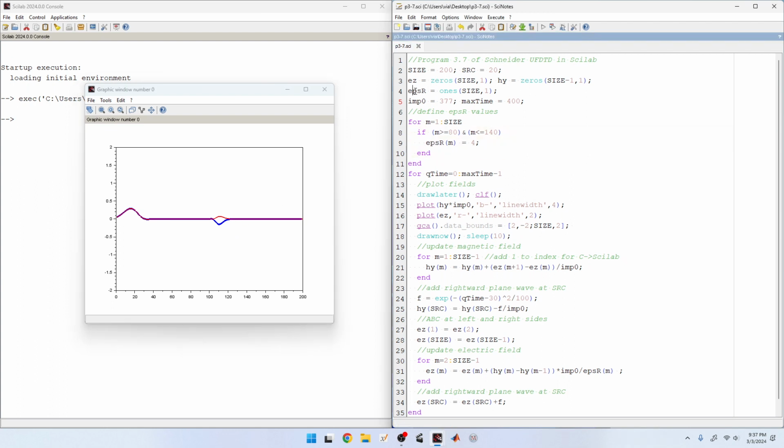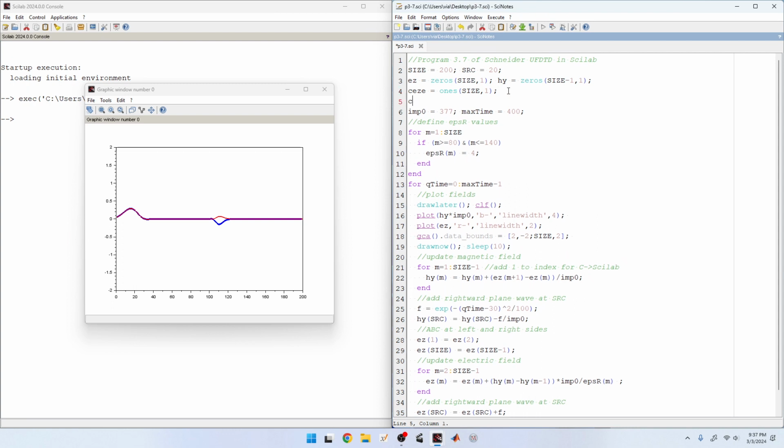Instead of this eps relative, we're going to make this that CEZE array. It'll all be ones, and then there's the CEZH array. And that's going to be the one that multiplies this term right here. That's got an eta 0, imp 0. Let's put that up here so we don't have to keep doing that multiplication.